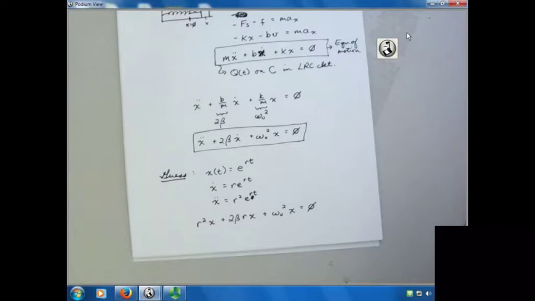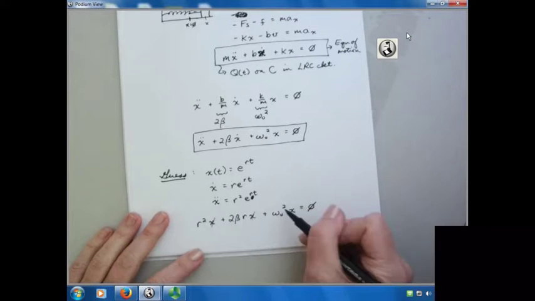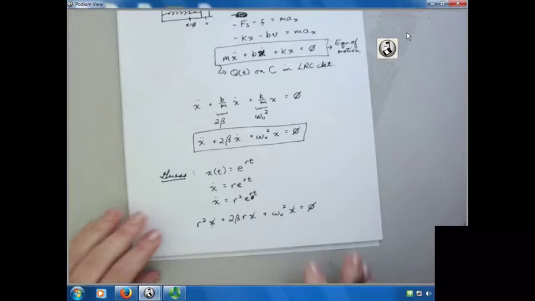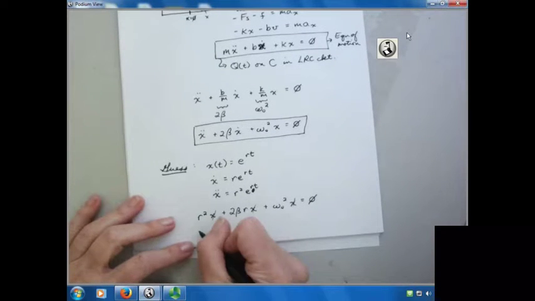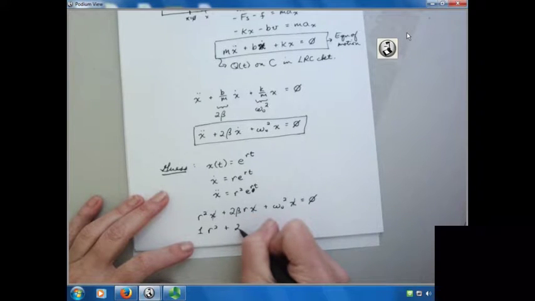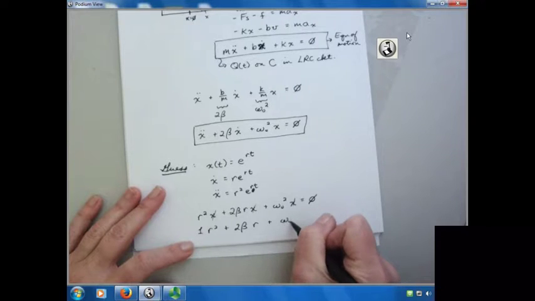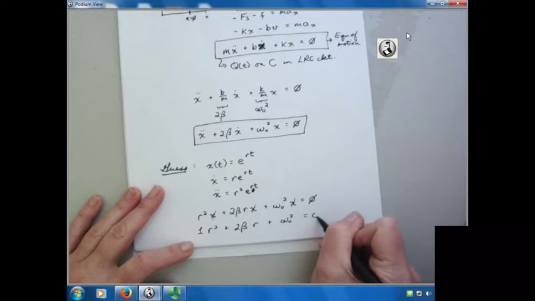All right, so if that holds, then my solution holds. So let me see how I can solve that. Let's divide both sides by x as a function of time, which is fine. I'm left with 1 times r squared plus 2 beta r to the 1 plus omega naught squared r to the 0 is equal to 0.